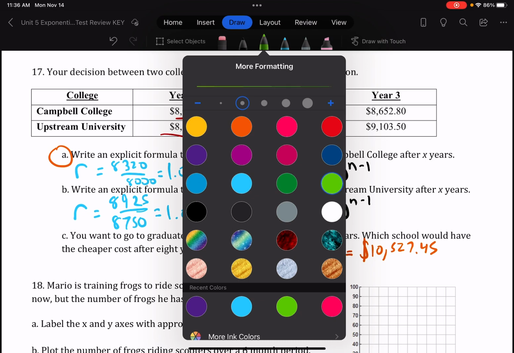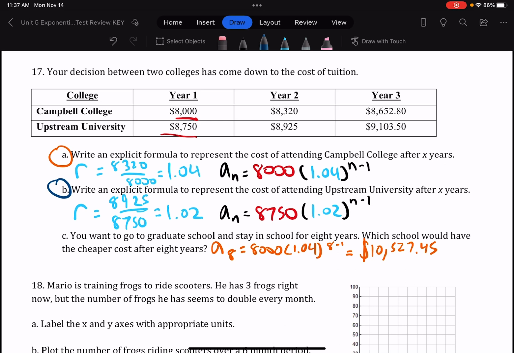Now let's look at Upstream University. We'll use blue for Upstream University. So I'm also going to put 8 in for my term number. But now I've got 8,750 times 1.02 to the 8 minus 1 power. And I'm going to use my calculator for this. So I've got 1.02, and I'm going to raise it to the 8 minus 1 power.